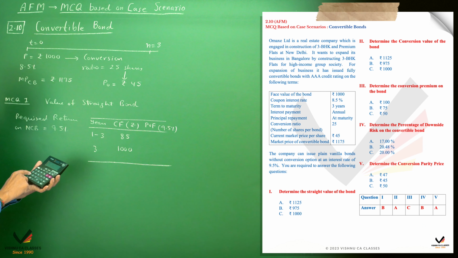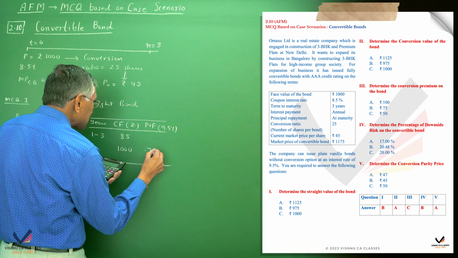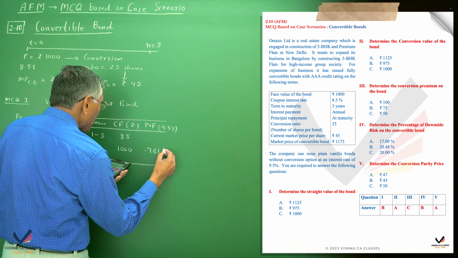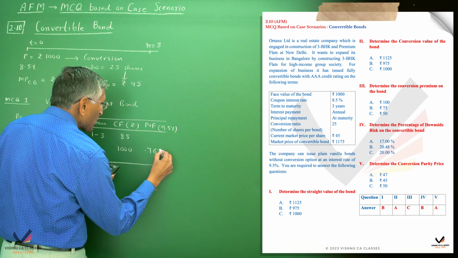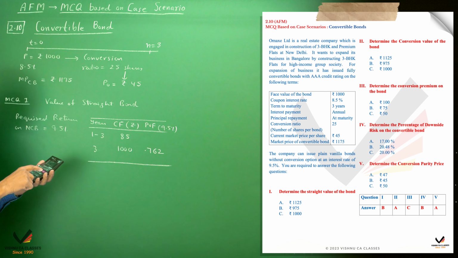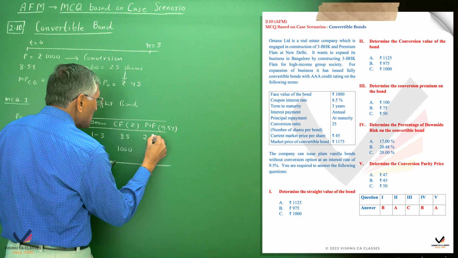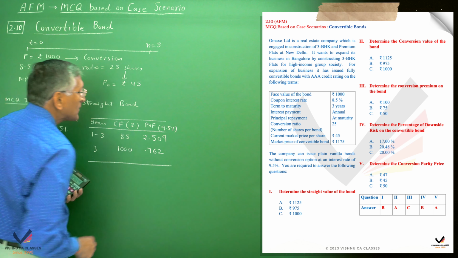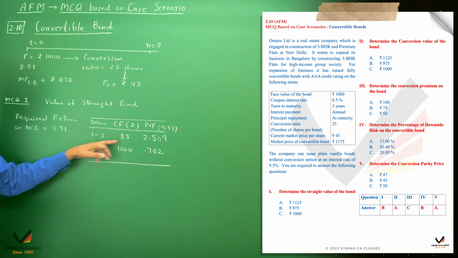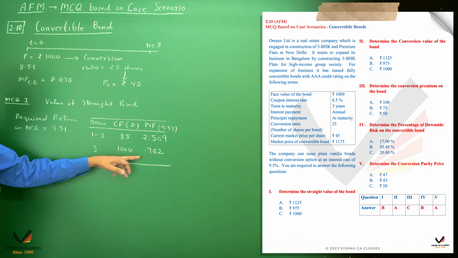So let us see this factor is 1 divided by 1.095 for 3 years. This is 0.762. And total for 3 years this is 2.509. ये आपका बन जाएगा annual factor for 3 years. This is single PV factor for 3rd year.